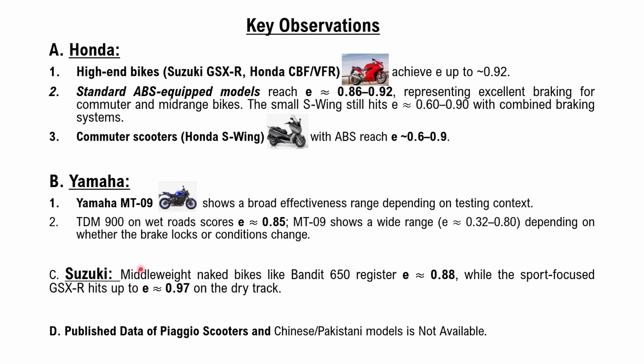Suzuki middleweight bikes can register an E value of 0.88, while sport focused motorbikes can reach up to E equal to 0.97 on the dirt track. These are also indicative of very good performance. Published data for Piaggio scooters and Chinese and Pakistani models is not available.